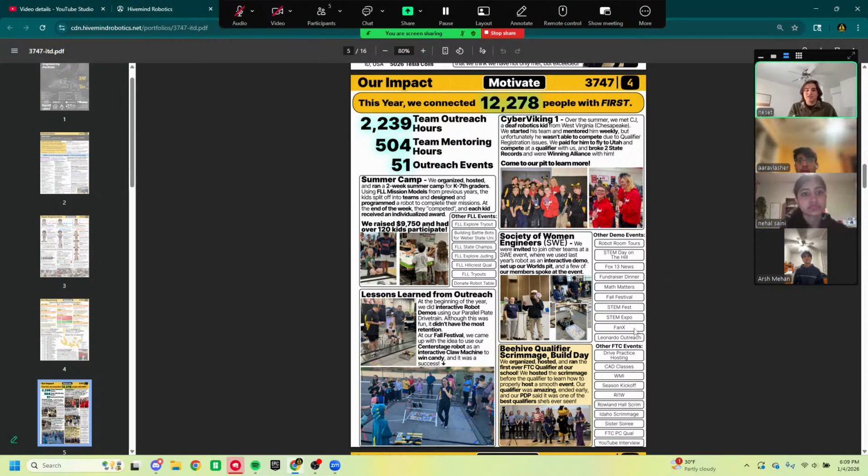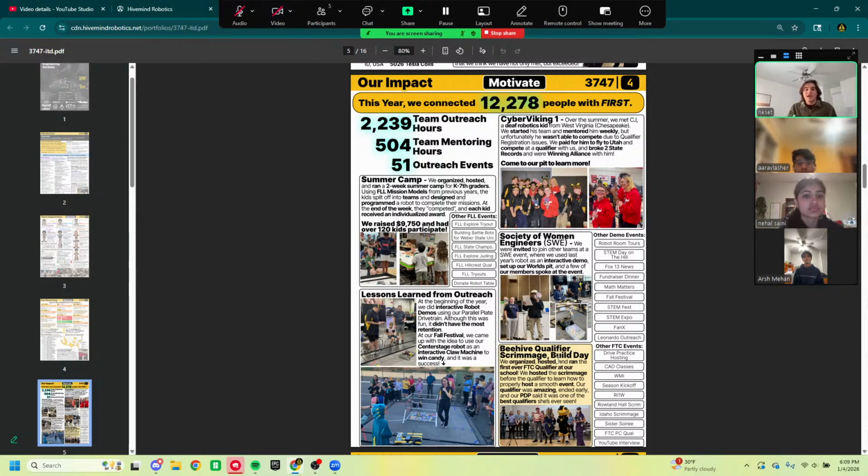For example, we talked about our FLL summer camp, and then next to it we said, hey, we have all these other summer camps. This helps because the judges don't have that much time to look through the portfolio, so they can quickly skim, but they can also see they have all these other events, and when they come to pits, they can say, okay, I want to know about this specific event that you had a little mention about, and I want to learn more about that.